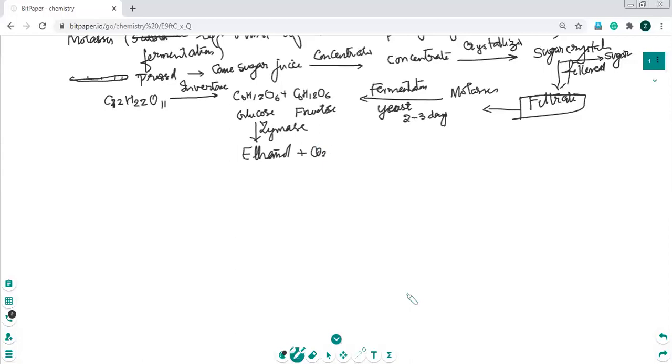So that is the chemistry behind. That means all your vallapam will be containing a lot of alcohol, right? But when you're heating this, it will get evaporated out. That's all.